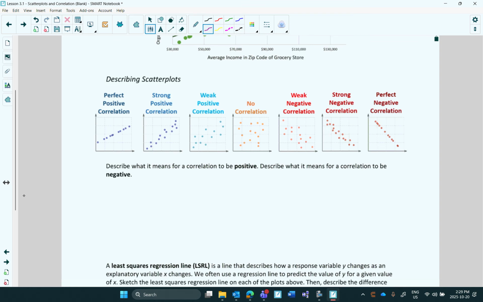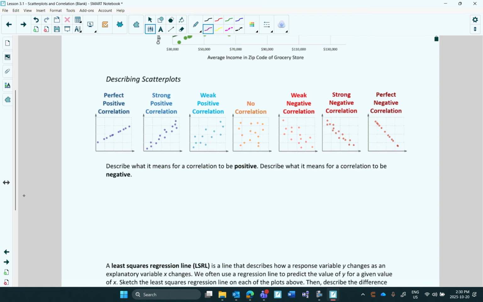If there is a perfect linear pattern that climbs, and you can put a line right over top of all the points that you plotted, that's a perfect positive correlation. If, as one goes up, the other comes down perfectly, it's a perfect negative correlation. Those are very rare.